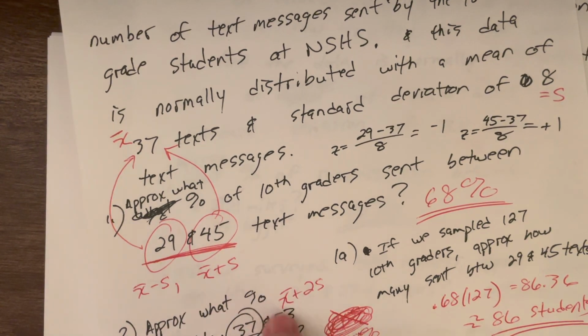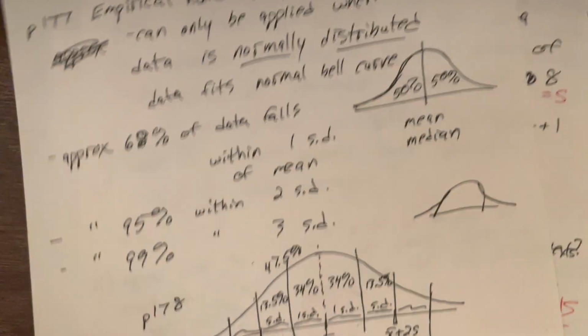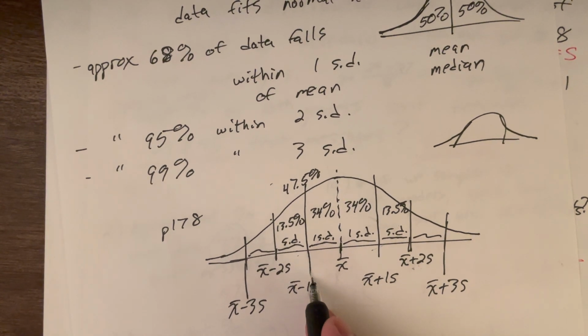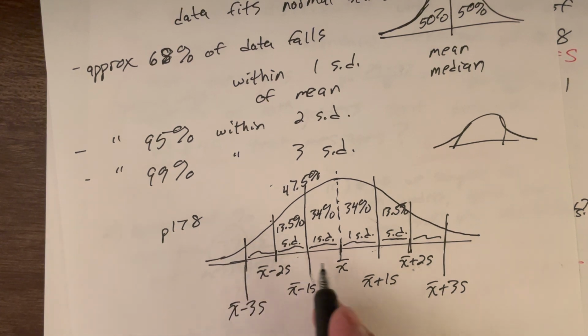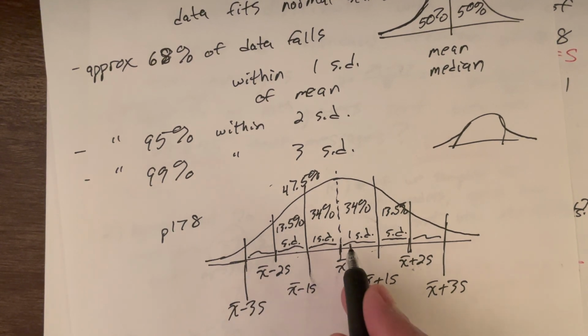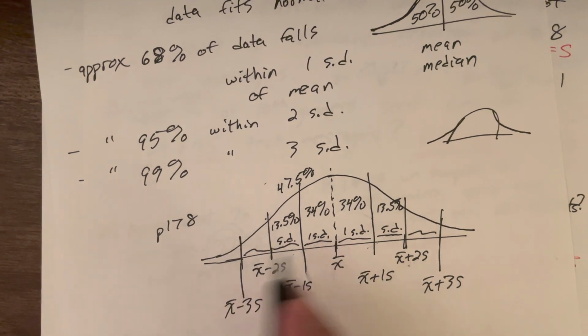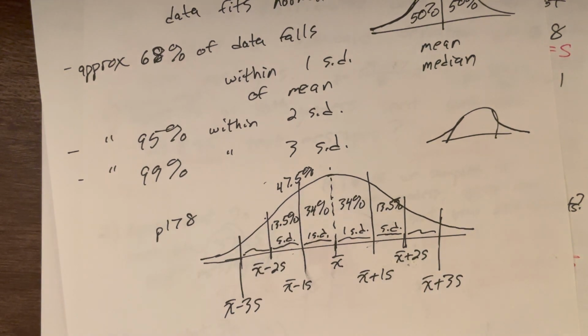But all these endpoints, to make the empirical rule work nicely, to get this perfect setup, you're always just going z-score of negative 1, z-score of negative 2, z-score of negative 3. You're looking at the specific data values that are exactly 1, 2, 3 standard deviations lower than the mean, or 1, 2, 3 standard deviations higher than the mean.